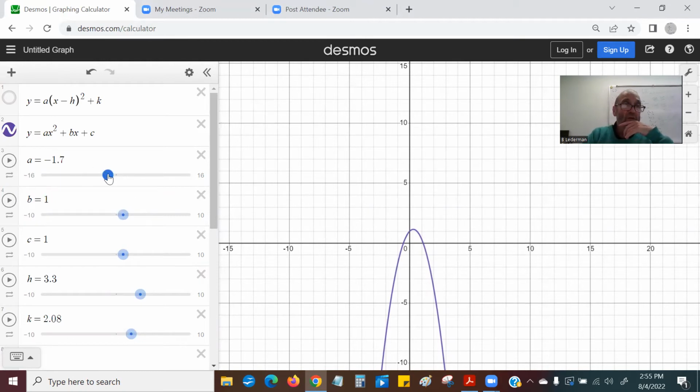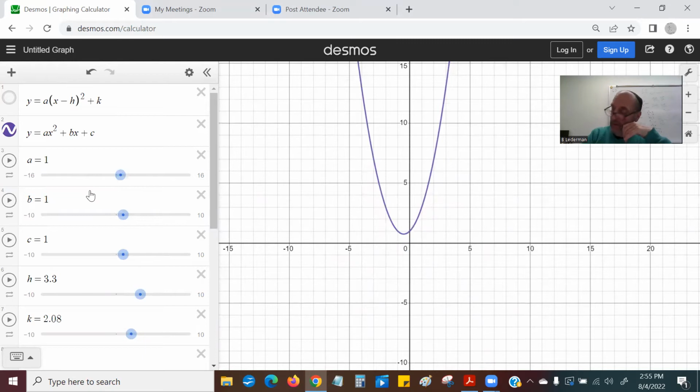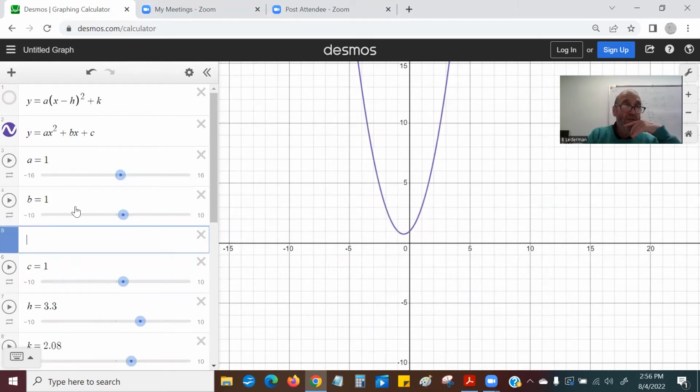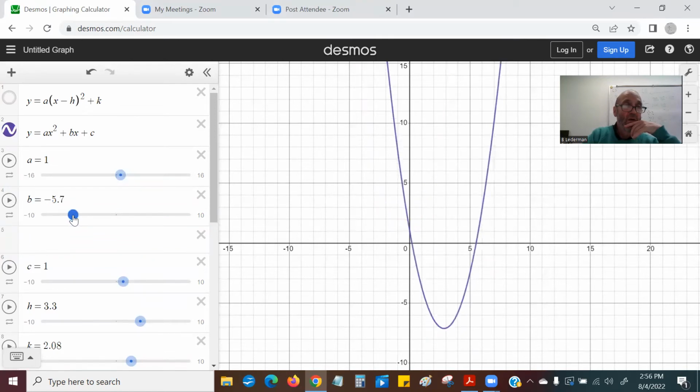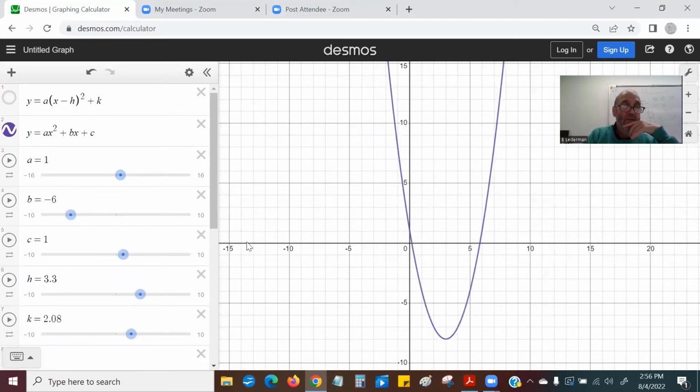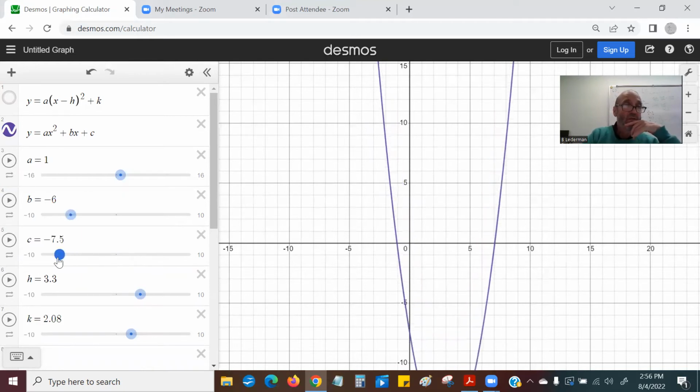So a was 1, b was negative 6, and c was negative 16.